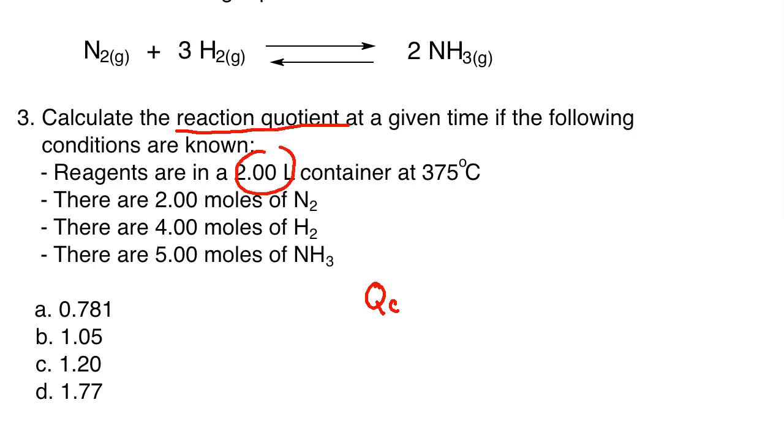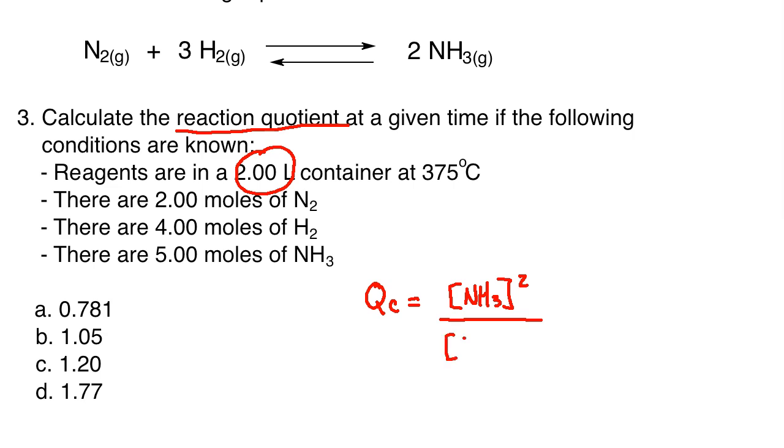There's a couple important things here. 2 liters means that I need to adjust these values, because if it's 2 liters, then the volume is 2 in comparison to a lot of these other examples where we had 1 as the volume. So the way that I would set this up is that the Qc is going to be equal to the NH3, and that would be squared because of the coefficient of 2 in the balanced equation.